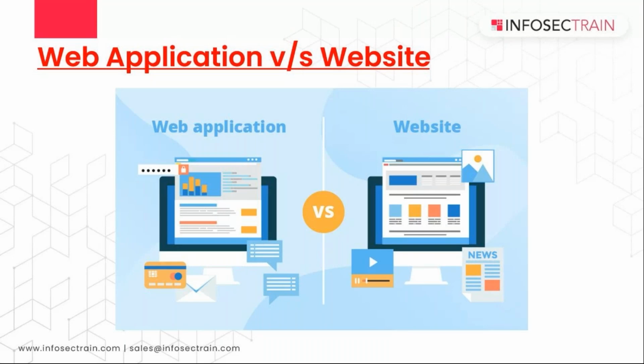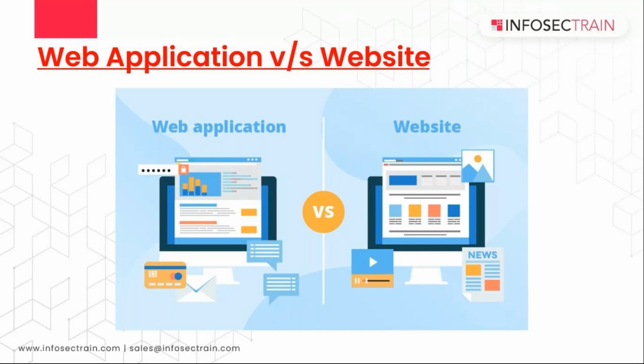Then, authentication. Authentication means I am identifying if the person is who he or she claims to be. If I'm claiming that I'm Ashish, I have to provide my username and password to the web application. Only then will it allow me to log in.